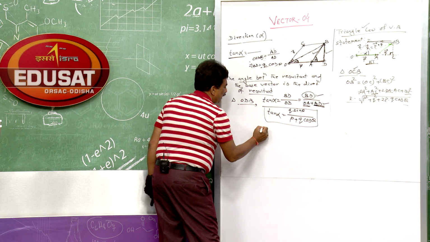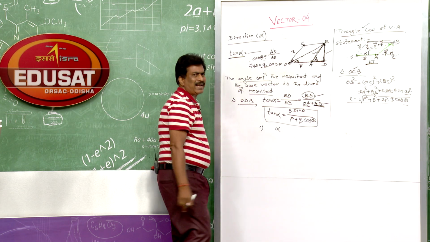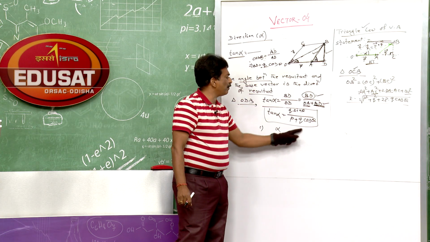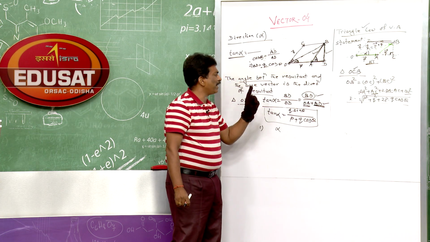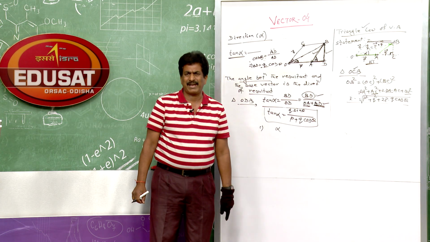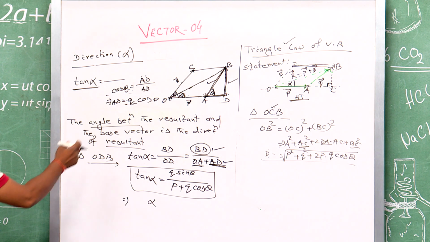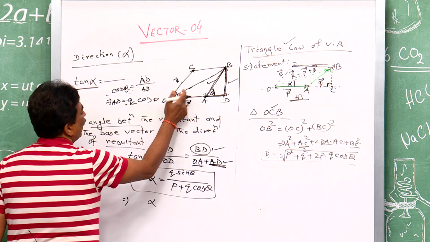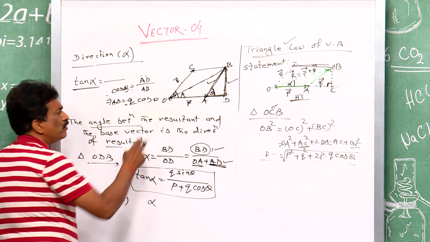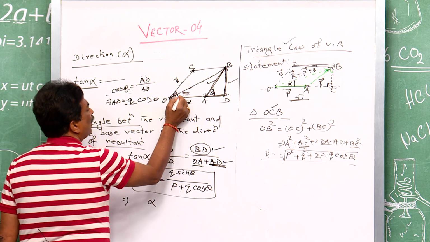So this implies alpha is equal to tan inverse of this, you will put the values and then you can find the value of alpha. On your screen also you will find the same thing: tan beta is equal to Q sin theta by P plus Q cos theta, because here I have taken the angle as alpha, and in some books that angle will be beta, in some books it will be written as gamma.